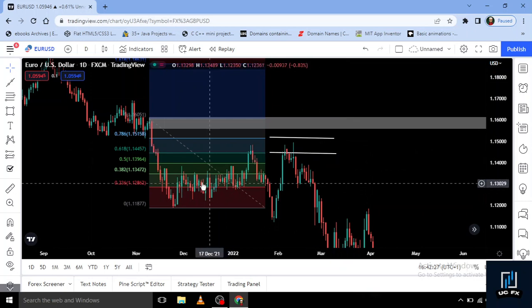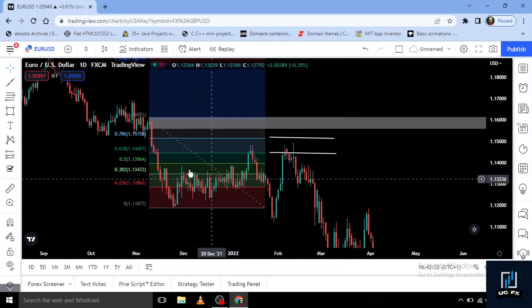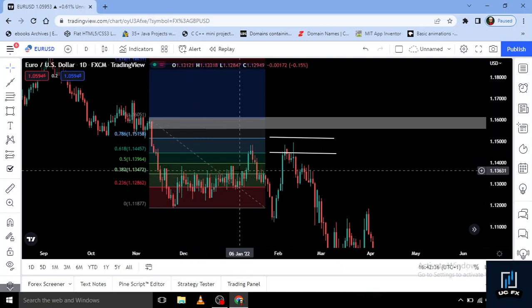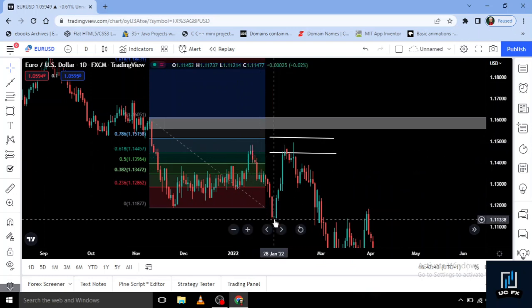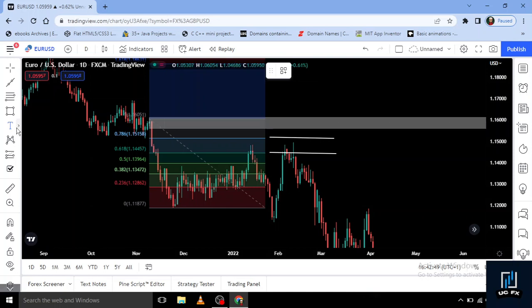Anything beyond the discount price is just basically liquidity. As you can see, price was just scratching this zone before it eventually went straight into the discount level, or discount price, and hence price tanked down, came back again, went down. So this is what we call the discount prices.